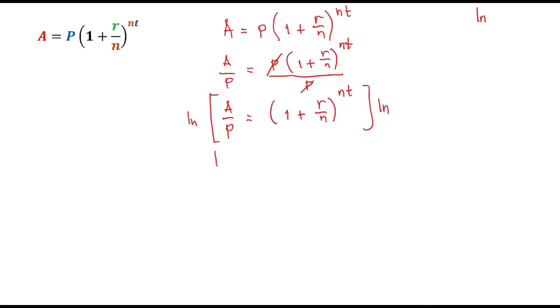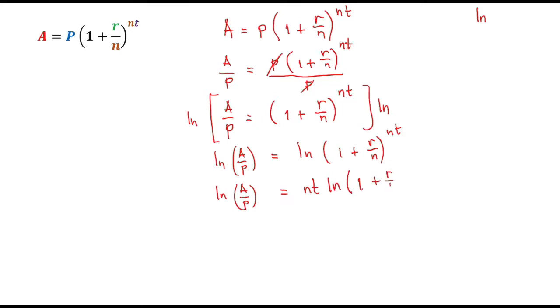So ln of A over P is equal to ln of 1 plus R over N raised to NT. Now ln of A over P is equivalent to, we can bring down NT times ln of 1 plus R over N. That is a property of ln.